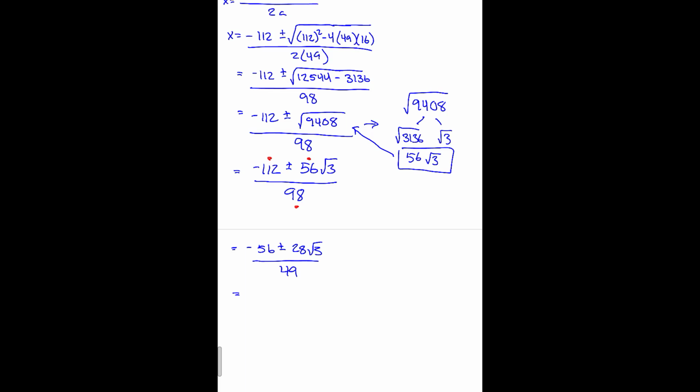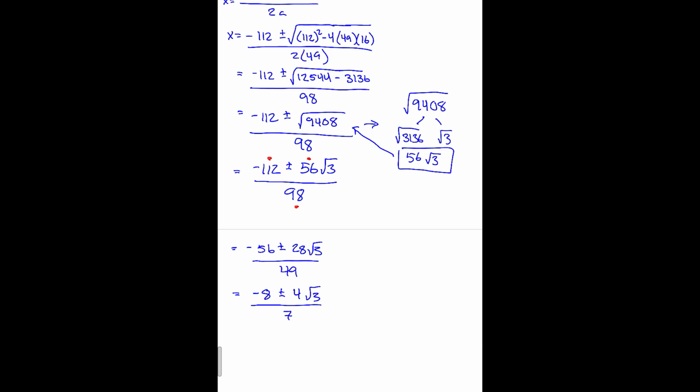They're not divisible by 3, not by 4, not by 5, not by 6. Wait a second. They're divisible by 7 if you remember your times tables. So 56, 28, and 49 are all reducible by 7, so we can reduce this even further. 56 divided by 7 gets you a negative 8. 28 divided by 7 gets you a 4. And 49 divided by 7 gets you a 7.